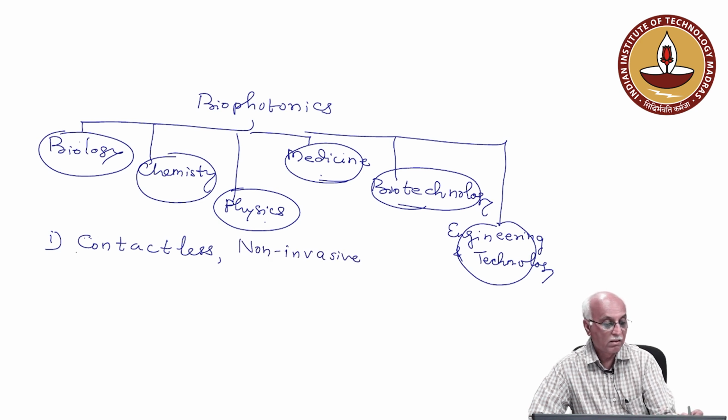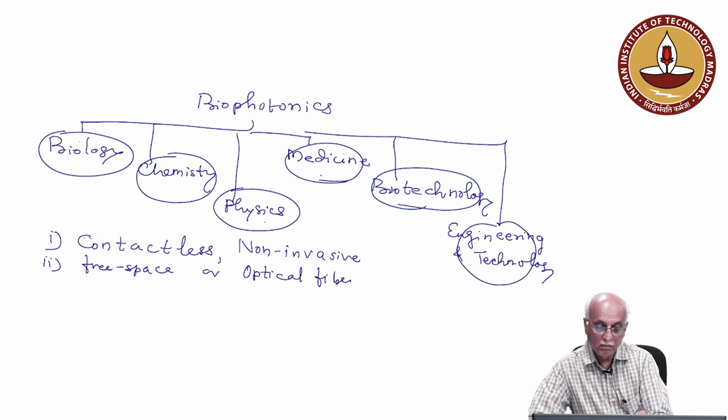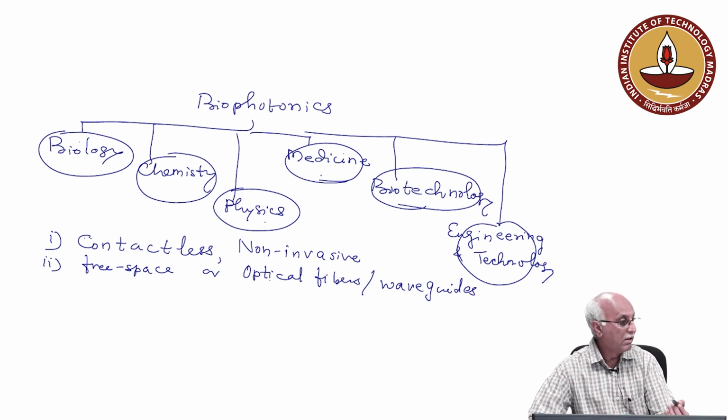We can transmit the light or photons in free space or via optical fibers or waveguides to a certain position and capture the information.